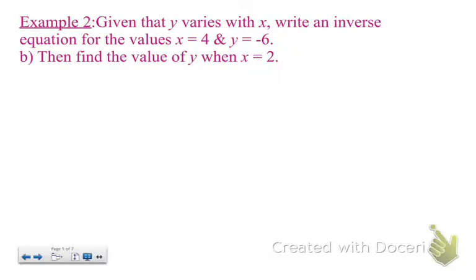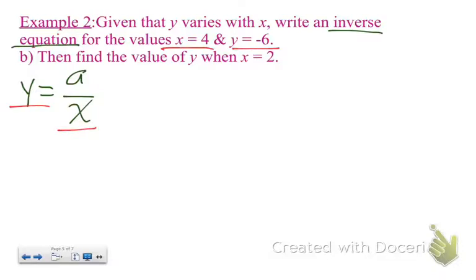Just like with direct variation, if we're trying to find an inverse variation equation given x and y, we can find the constant of variation. Remember, it has to be of the form y equals a over x. We know x is 4, and we know y is -6, so I'm just going to plug it in, and then solve for a.